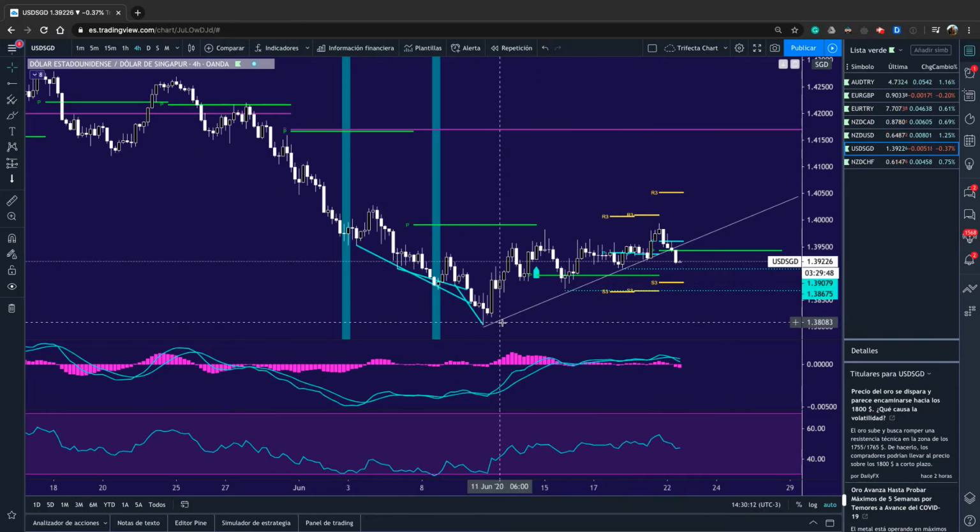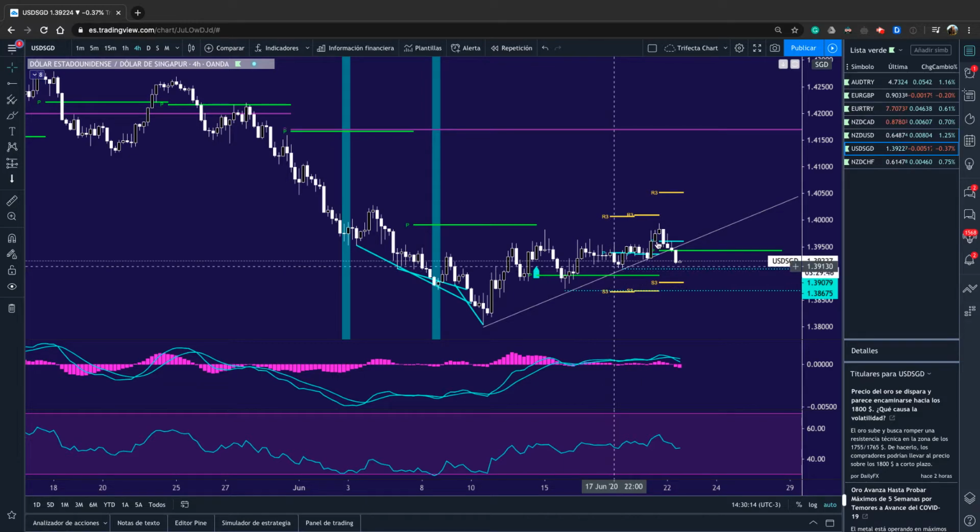The price starts to move upwards, but right now it breaks this trend line that we could start drawing over here. And if we find a rejection candle over here in this level or even in this level, we can keep being bullish, because it could be the starting point for a confirmation in the upwards direction, trying to look for these targets that we have here.